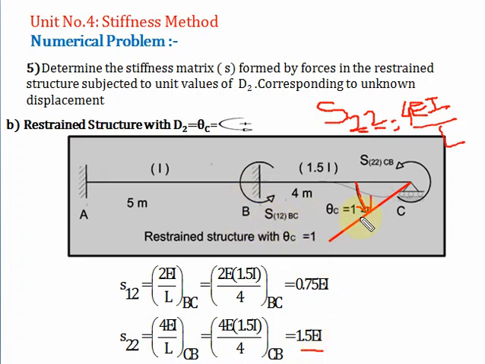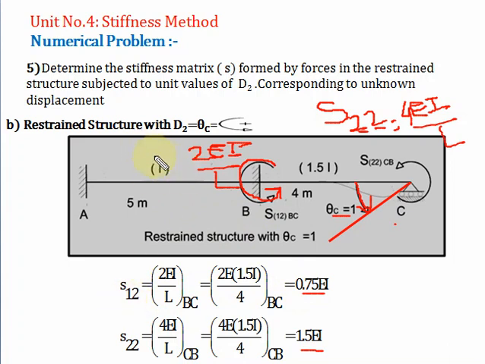When we apply the unit rotation theta c equal to 1 at support C, a moment is also induced at the far end in member BC, in the anti-clockwise direction, and that value is 2 EI upon L. Always remember that where the unit rotation is applied, the value is 4 EI upon L, and at the far end it is 2 EI upon L. The value of I for member BC is 1.5, the length of the member is 4, and if you solve this, we get the value.